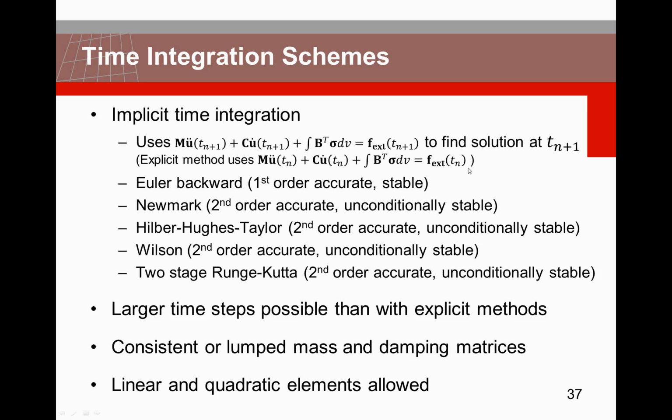Sometimes in explicit methods, a solution can be found based on the current matrices, the current step, but the question is whether it will always completely match the equation of motion at the actual time. So that's why in DIANA we prefer to solve the equation of motion at the next time step.